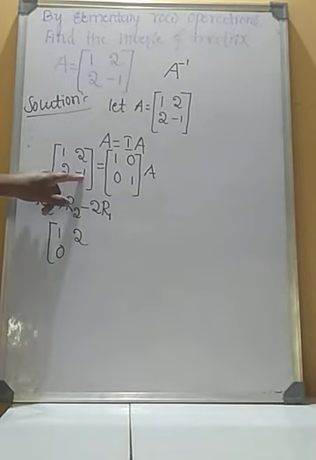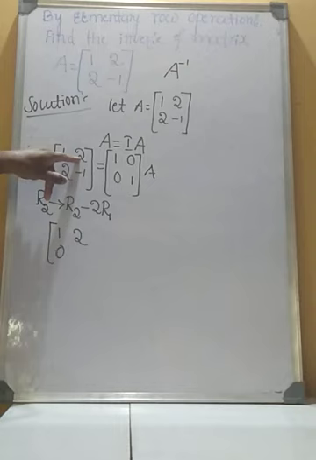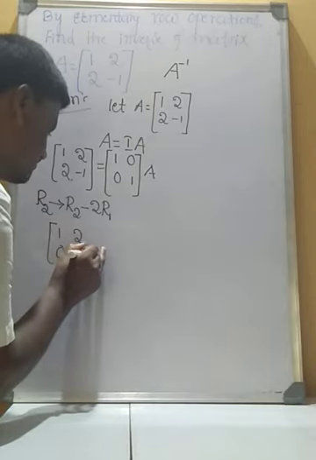The second row second element is minus 1 minus 2 into 2, minus 1 minus 4 becomes minus 5.